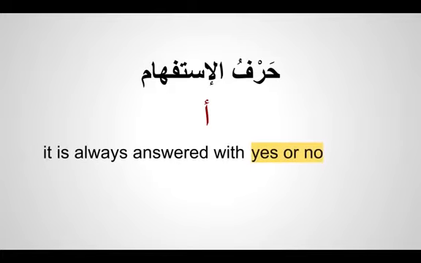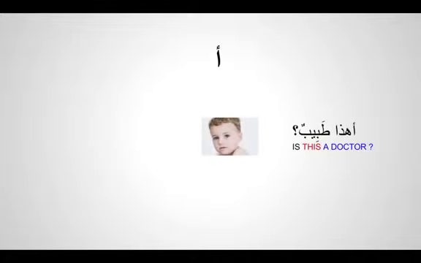And we learned from yesterday that when you get a, it is always answered with either yes or no. Yes is called na'am in Arabic, and no is called la. So let's practice quickly a little bit. If we say ahada tabibun, is this a doctor? We say la, no. Hada waladun, this is a boy.